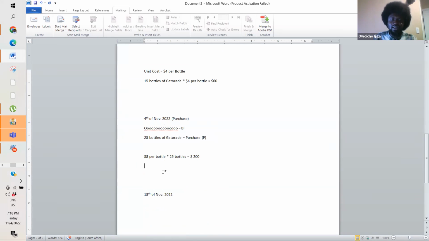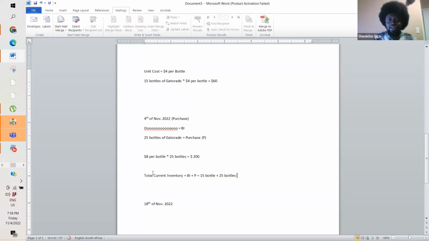So total current inventory is equal to my beginning inventory plus the purchases. That is the total current that I have, which is equal to the 15 bottles plus the 25 bottles that I bought additionally.